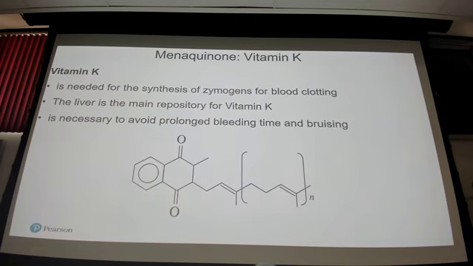Vitamin K is very important in the blood clotting cascade pathway. There are several clotting factors that are vitamin K dependent, and so we need that in order to ensure we don't have prolonged bleeding and our bruises heal properly.